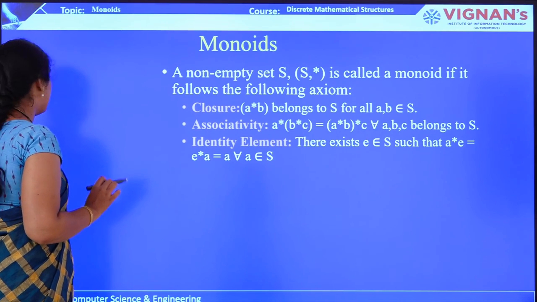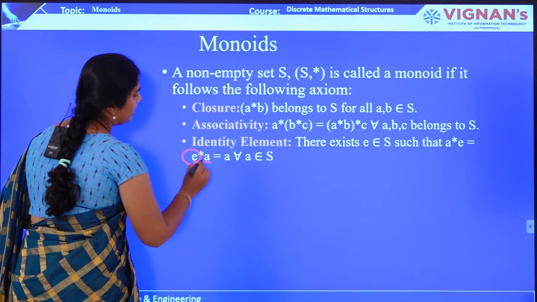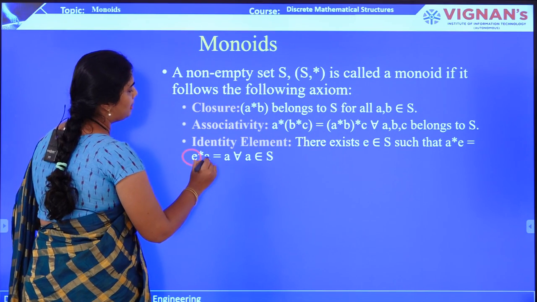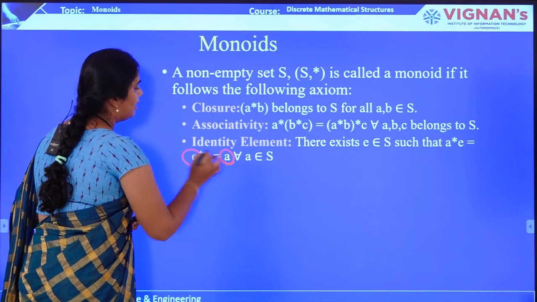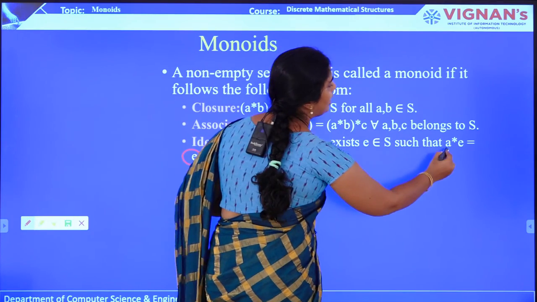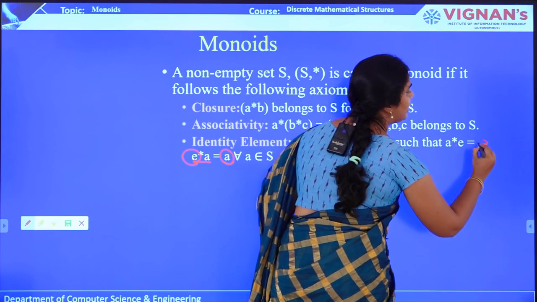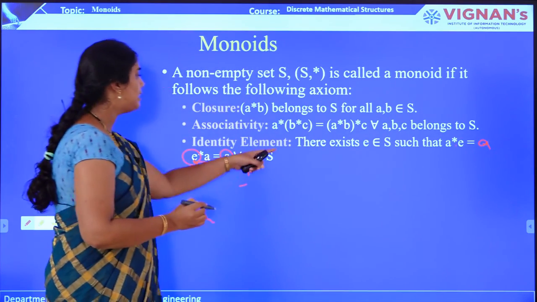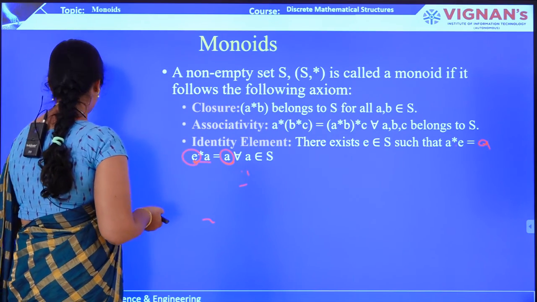What is this identity element? Suppose E is an identity element, if you multiply this identity element with our given set element, then you will be getting result A. Similarly, if you multiply our set element with the identity element, here also you will be getting A. Then in that case, it is obeying the identity law property.